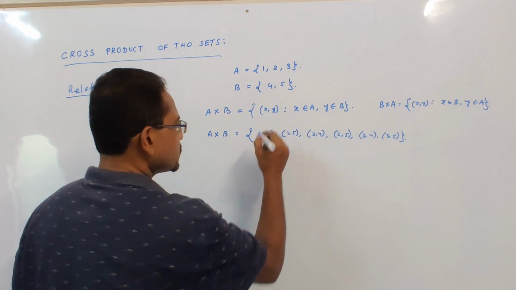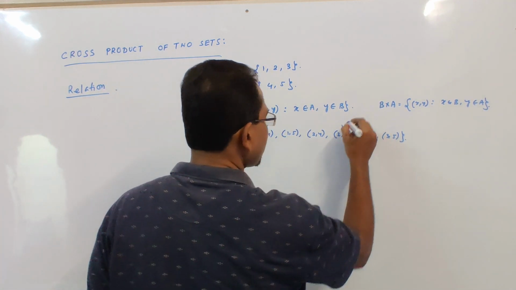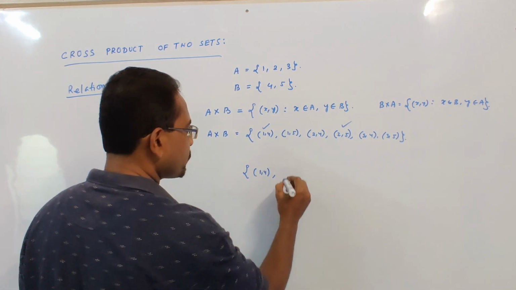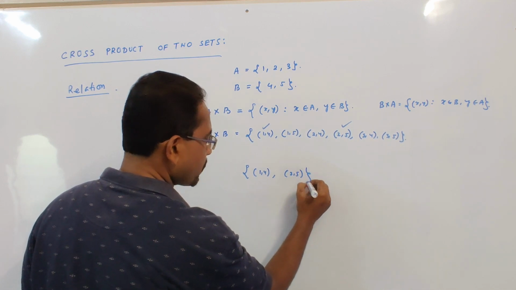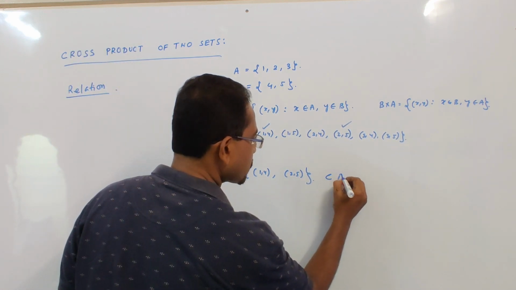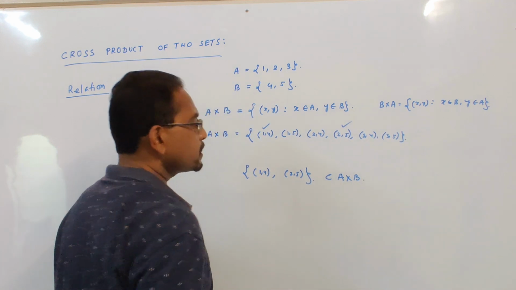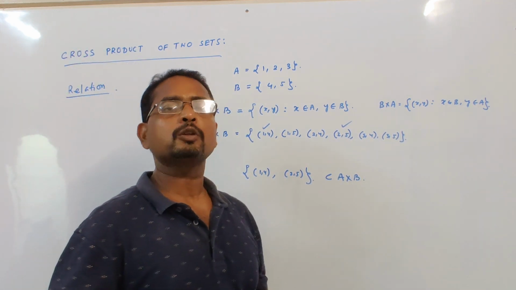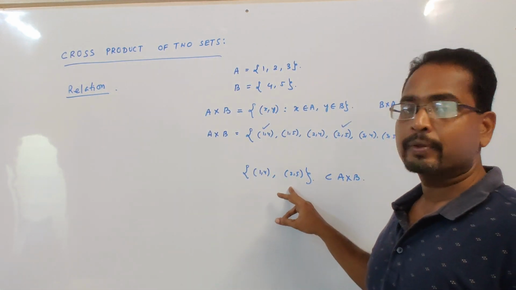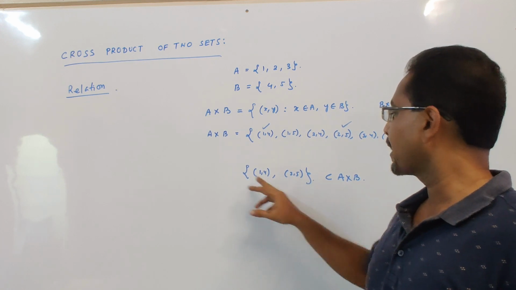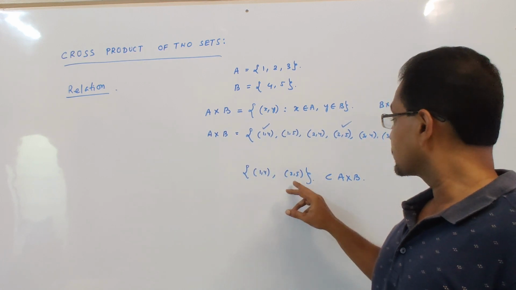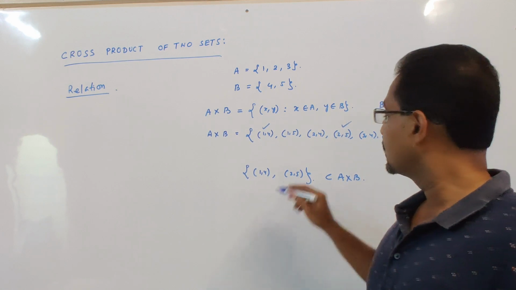So let's take 1, 4 and 2, 5. The set I formed by selecting 1, 4 and 2, 5, this set, is a subset of A cross B. So subsets of the cross product of two sets are nothing but relations. This particular subset, 1 comma 4, 2 comma 5, is basically a subset of A cross B, so we can say it is a relation.